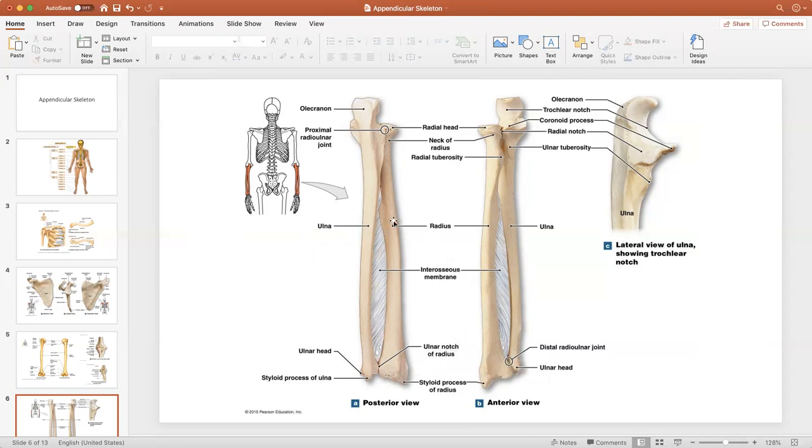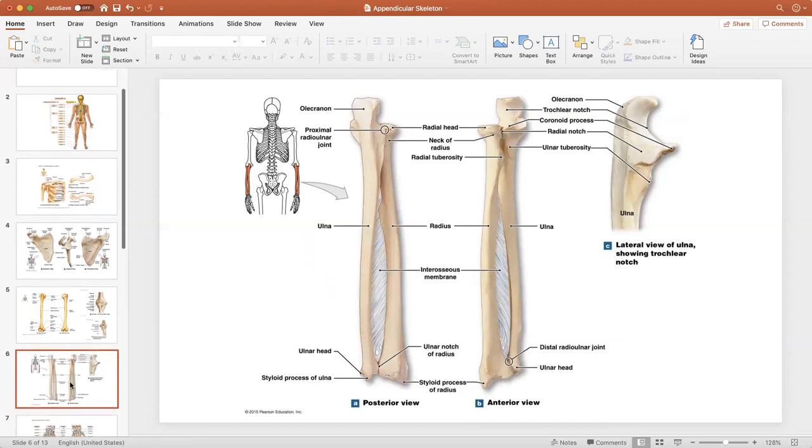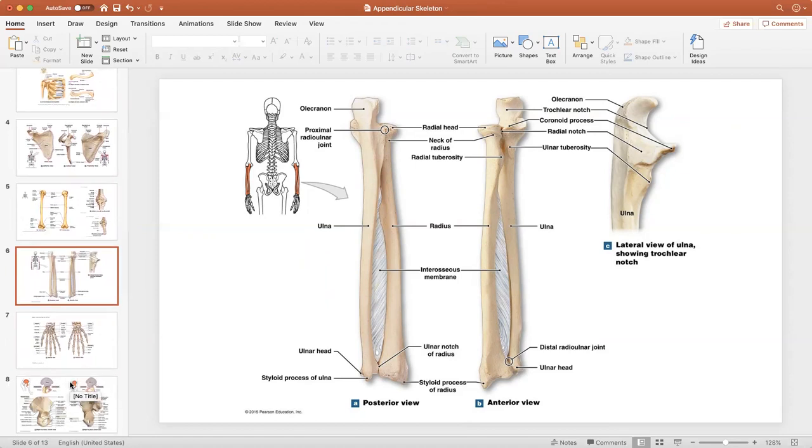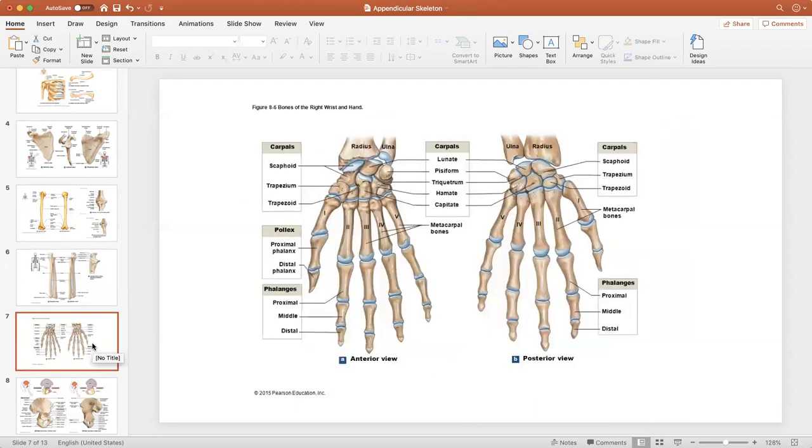There's some vocab here that you gotta make sure you know, all the little landmarks. Those can get confusing because there's 3 bones that kind of attach into there instead of just 2 bones in the joint. So pay attention to that and go over that.